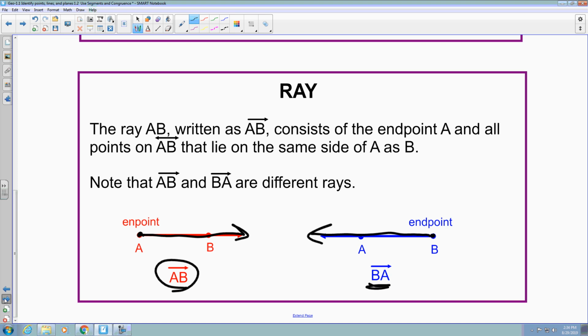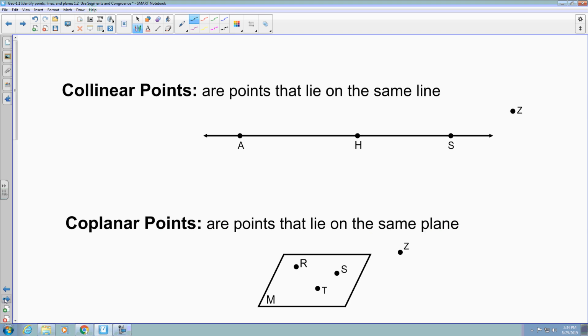Some other defined terms that we are going to look at are collinear and coplanar points. Collinear points are all of the points that lie on the same line. The word linear is in there.